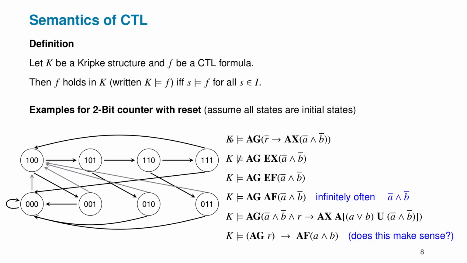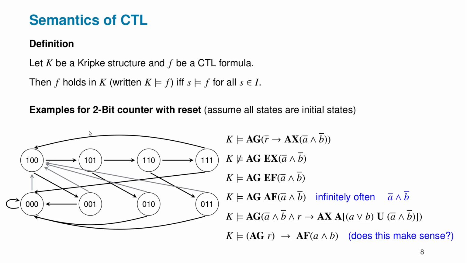Okay, so the first formula says it always globally holds, so in principle on all states that are reachable from a state, not R implies that in the next state A is false, in all next states A is false and B is false. Yeah?